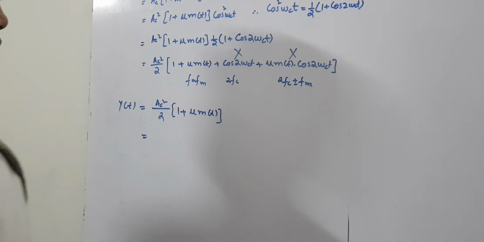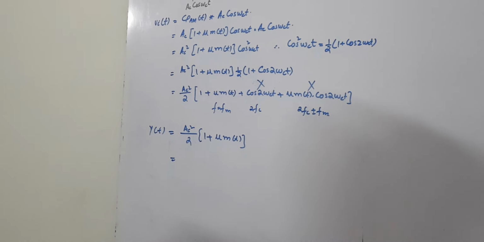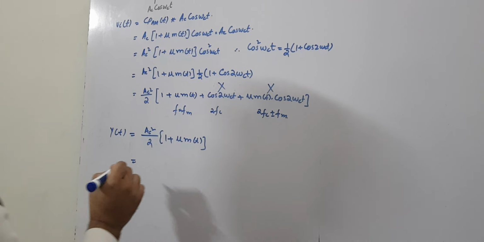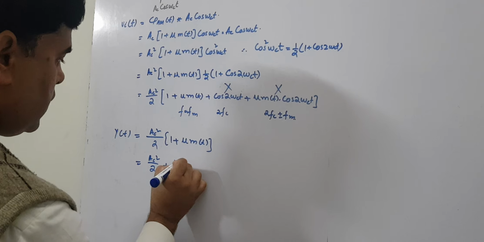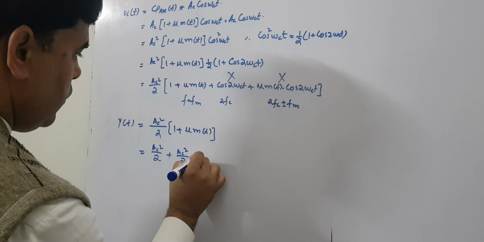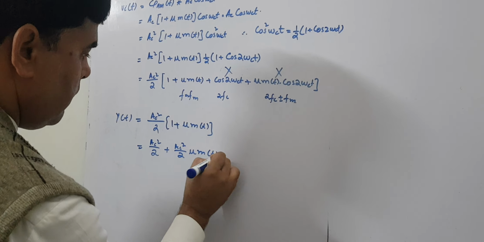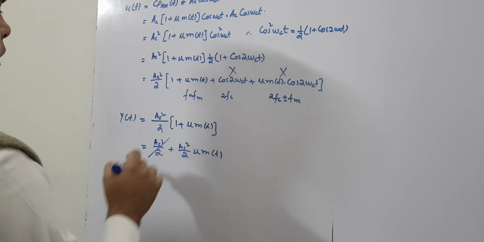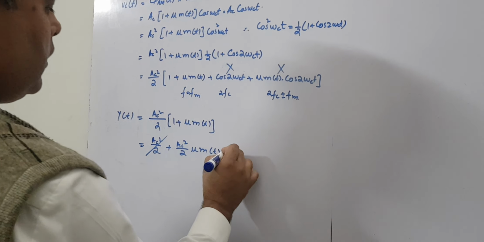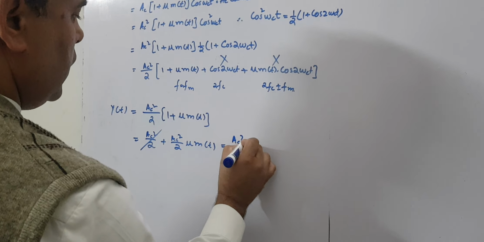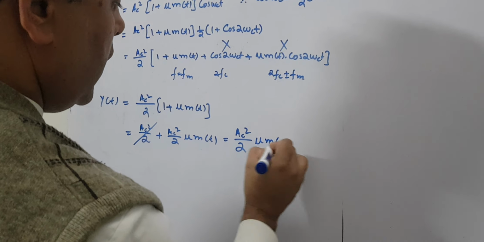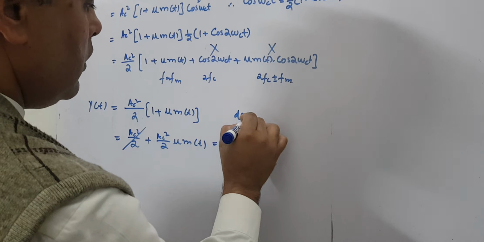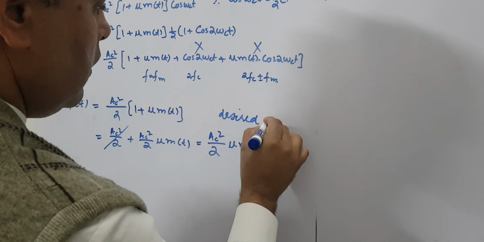So you can see that you will end up with Ac squared by 2 plus Ac squared by 2 mu m(t), and then using a DC blocker this can even go. So then you have Ac squared by 2 mu m(t). So this is the desired signal.